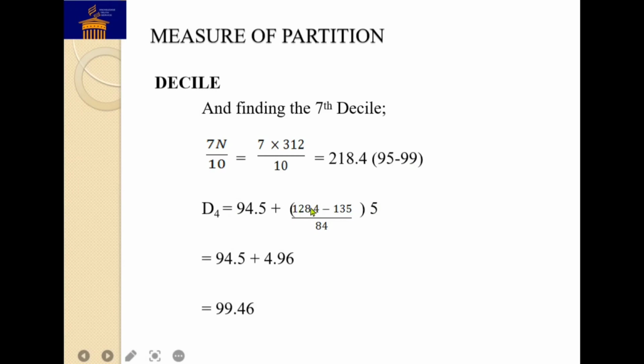So when we compute 218.4 minus 135 divided by 84 multiplied by 5, we get 4.96. You can try that out yourselves and you will see that it is 4.96. So that shows you that this value should be 218.4. It was a reversal of figures. So 4.96 plus 94.5 gives us 99.46, which is the seventh decile.